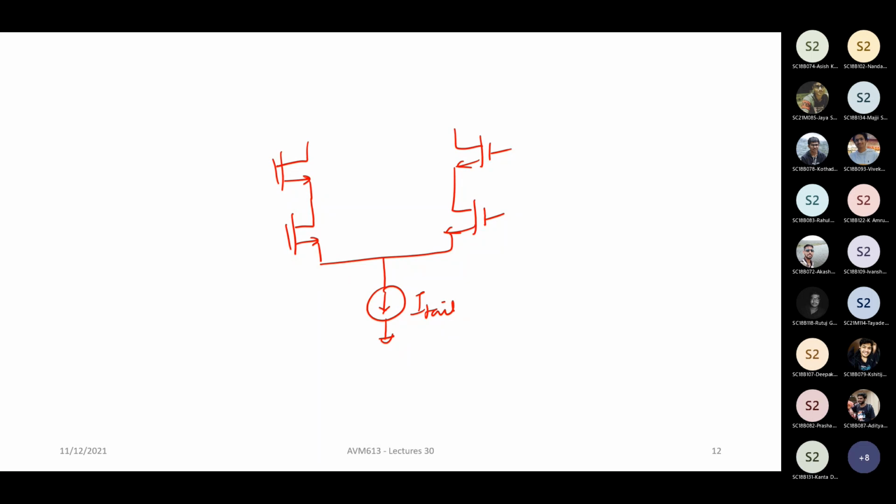So if you are using the same NMOS kind of a thing, you have this going to the 2 NMOSes, and then you connect, let me use a different color, let's call it ITail 2, right?